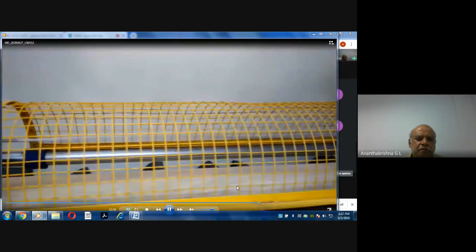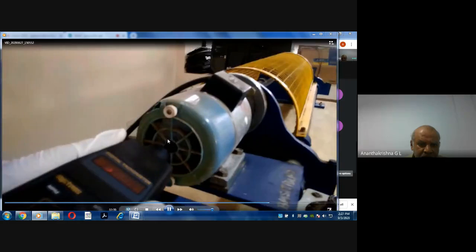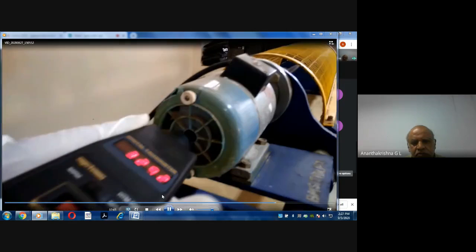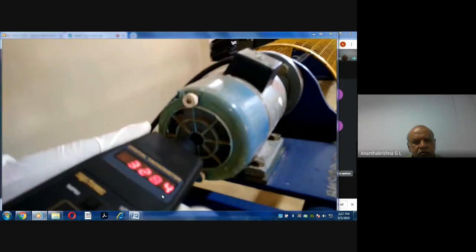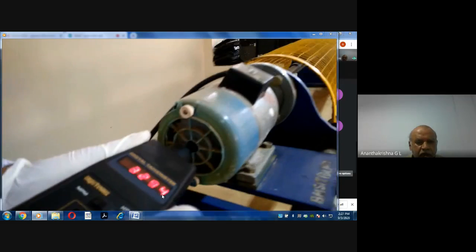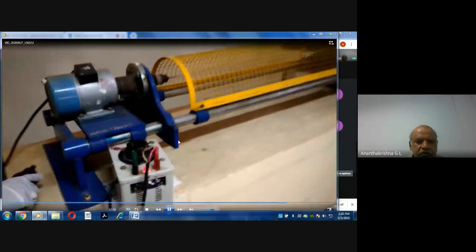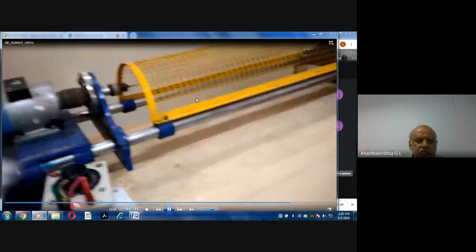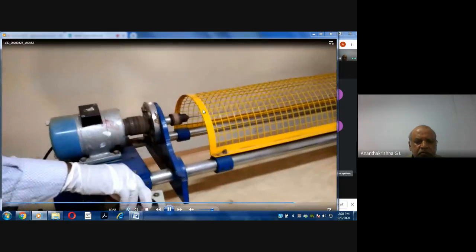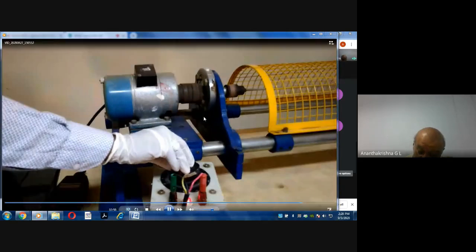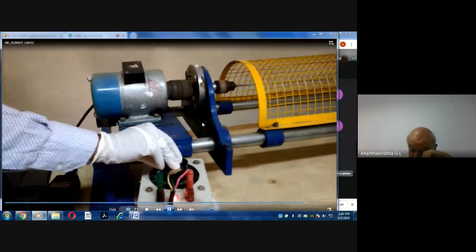Now at this juncture, again take the tachometer, place it in the position and slow down the rate. 3292. Note down, or 3284. That will give you the speed of the second mode of vibration. Now turn off by slowly reducing the voltage of the dimmerstat.